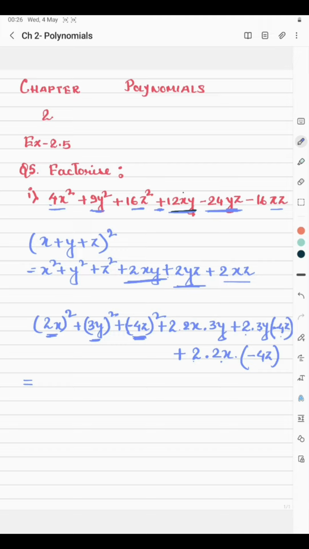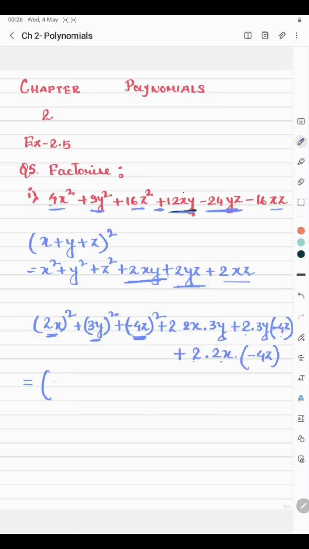Now we have to see this is the expanded form of x plus y plus z whole square. So we will have to write the factors now. According to the identity we have to write x plus y plus z whole square.